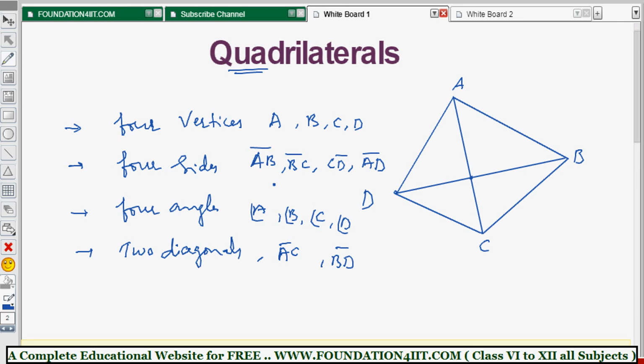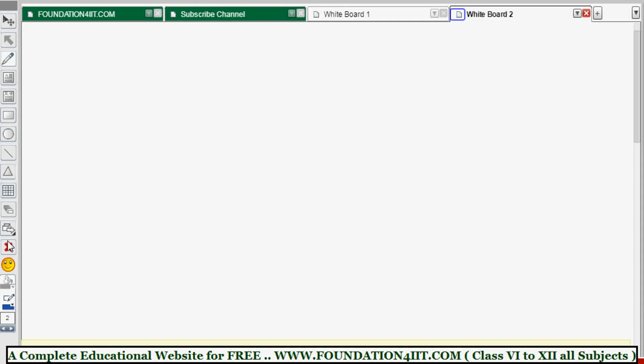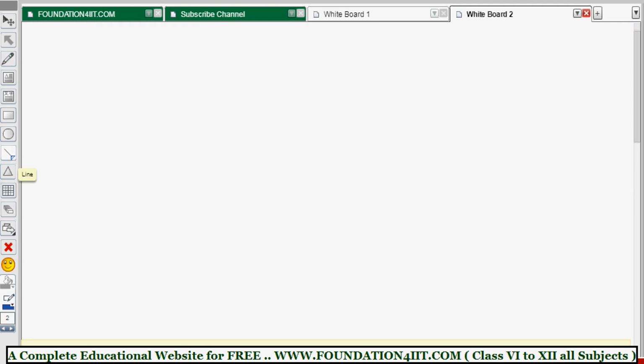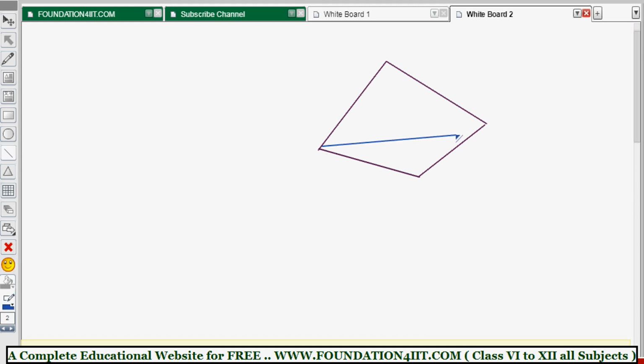Now we'll see what are adjacent sides, opposite sides, adjacent angles and opposite angles. Let me take another quadrilateral. We can take anything. It has four line segments, 1, 2, 3 and 4, and it forms two diagonals joining the opposite vertices.